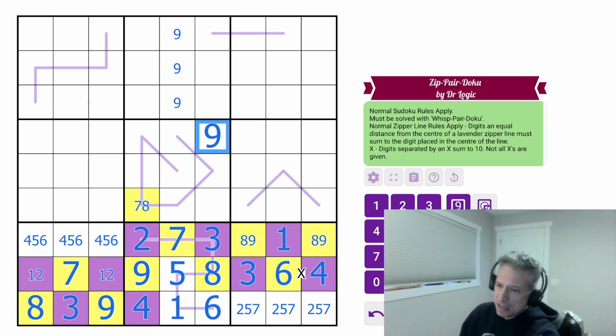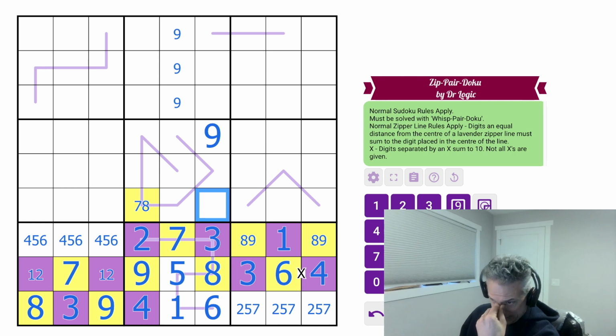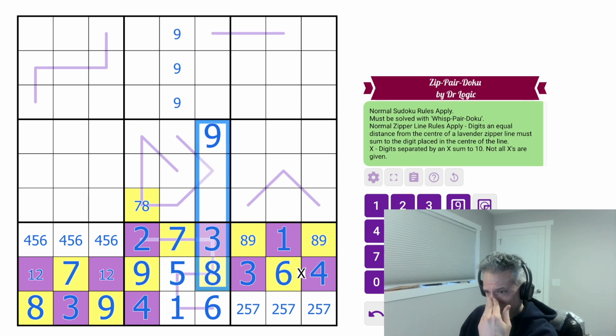Now I have something in this box because of that cell. What do I have? Sorry, I have to think about this. There's some implication. 9 cannot go there.